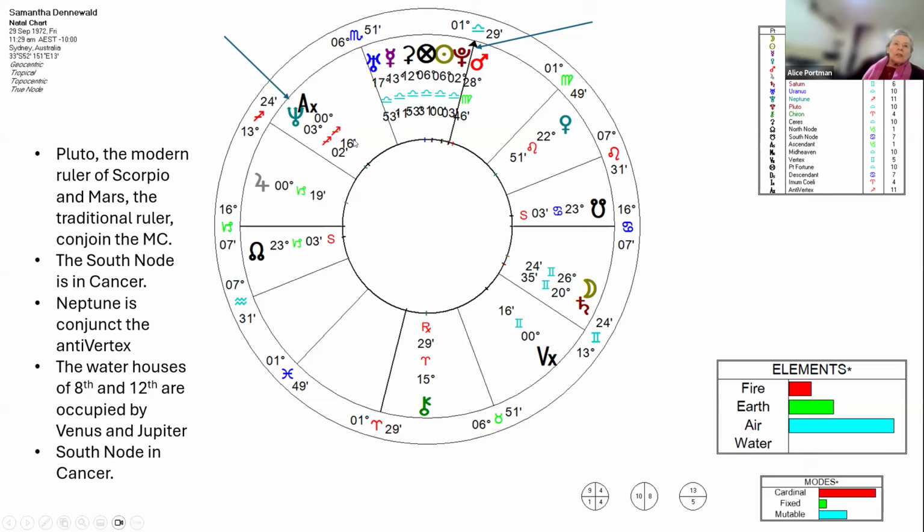Neptune conjoining the active vertex. This is another water planet activating an angle. And the water houses of Venus, 8th and 12th, are activated by Venus and Jupiter. So she's got a lot of planetary activation and house activation of the water element.